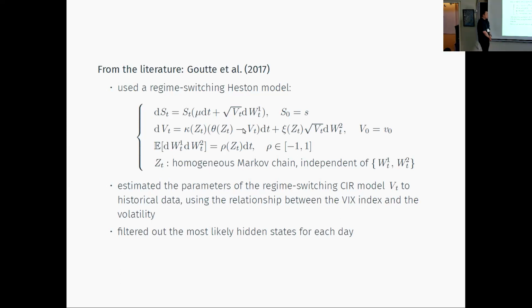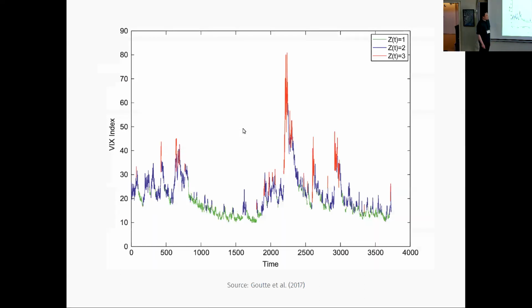So what the author did is they used the VIX index, which is implied volatility based on options written on the S&P 500. They used the relationship between the VIX index and volatility, and they developed a parameter estimation procedure for the hidden Markov model. And the result is given here.